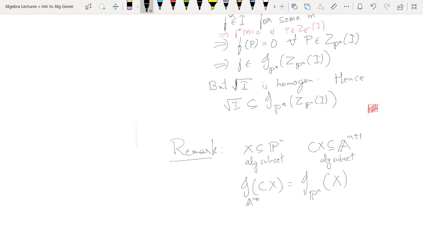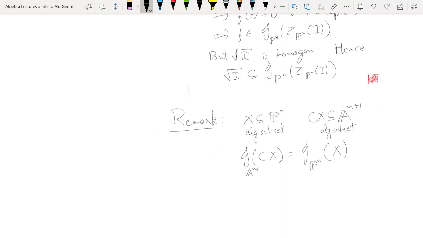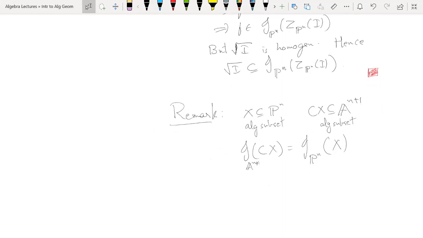So the statement that the radical of a homogeneous ideal is a homogeneous ideal is the same as saying that the ideal of definition of any cone in E^(n+1) is a homogeneous ideal.